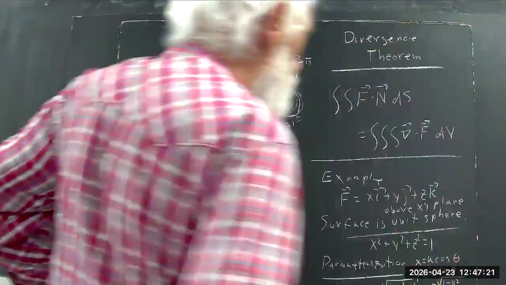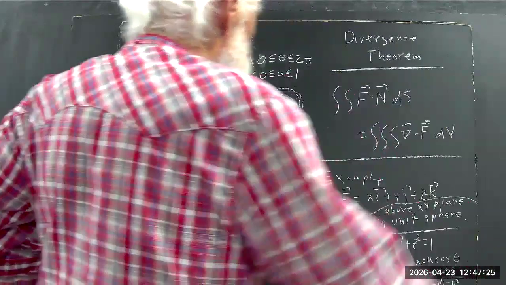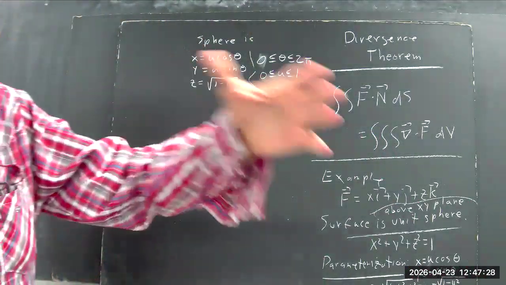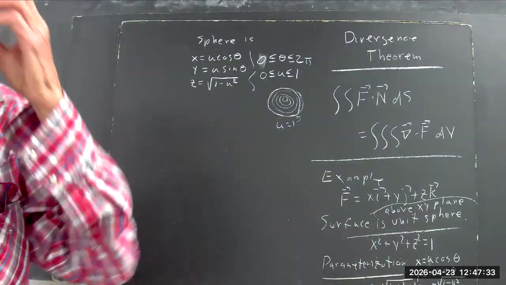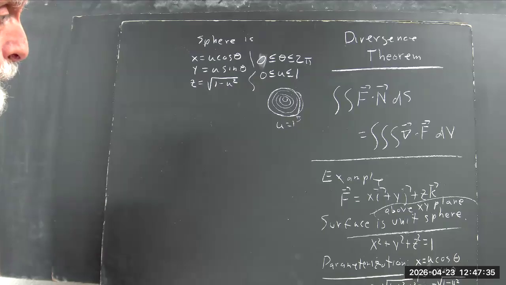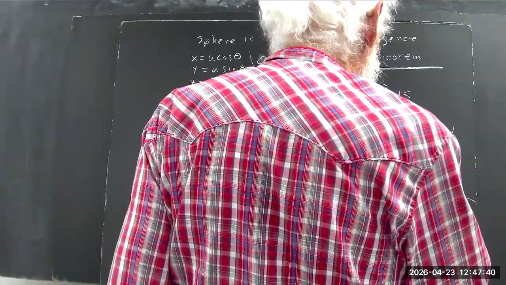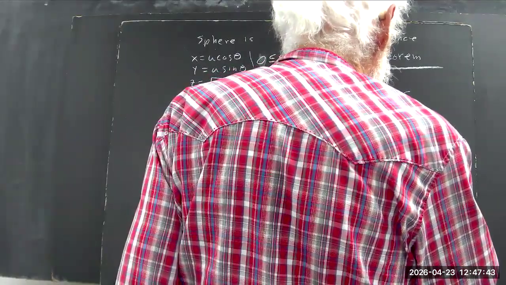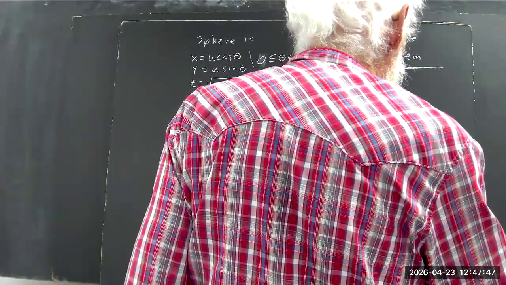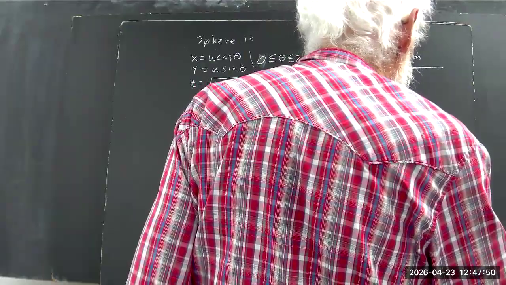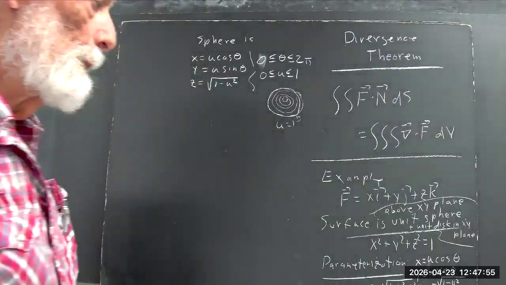It's the unit sphere above the XY plane. So you can put all that together. So we're just using the upper hemisphere, plus the unit disk in the XY plane.